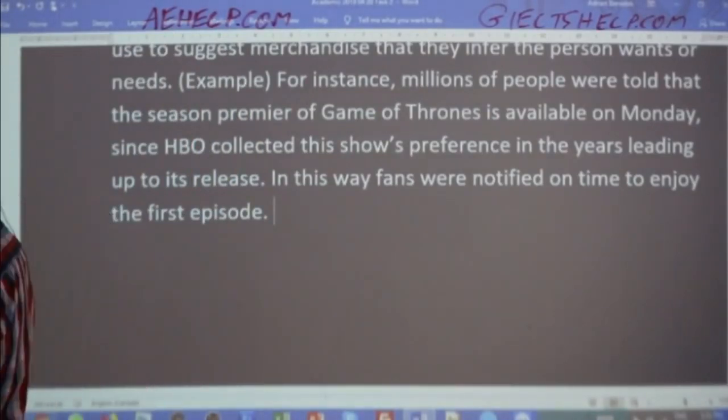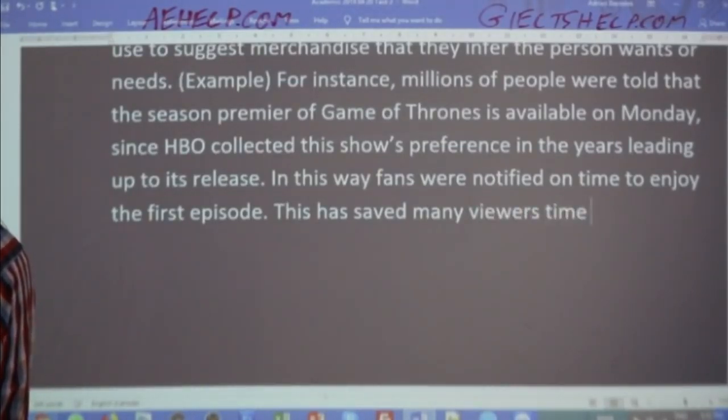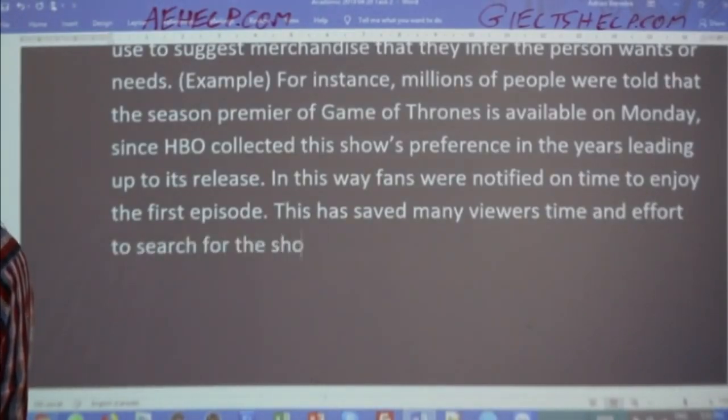And then we have a connecting and concluding sentence. So this has saved many fans time and effort to search for the show.